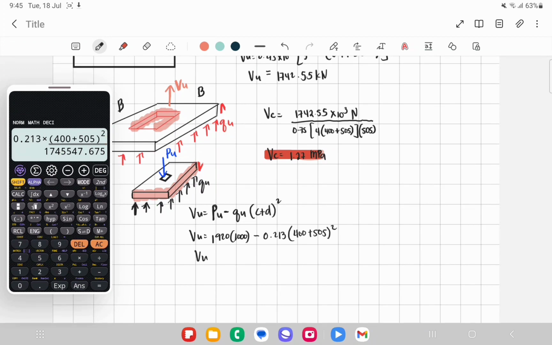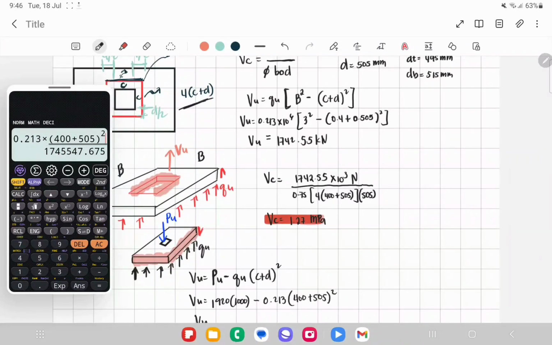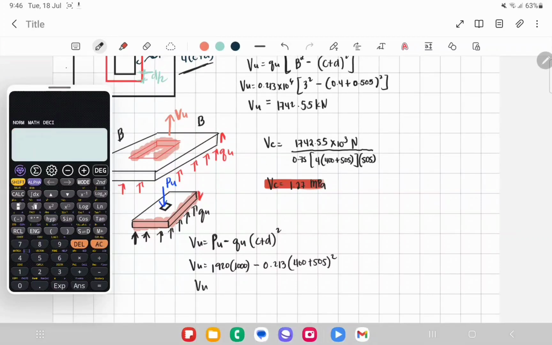Let's double check the problem. 1920 times 1000, then 213. Then 400 plus 505. Let me just double check the given values. So, times 10 raised to 3: 1920 times 10 raised to 3 minus 0.213 times (0.4 plus 0.505) squared.